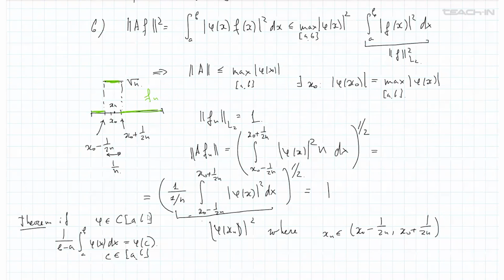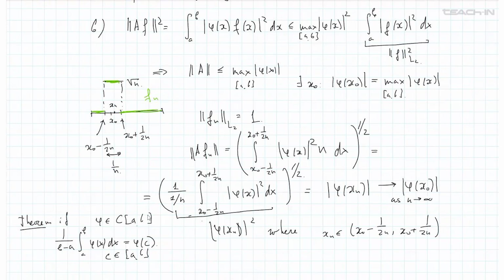Yes, thank you. So we obtain that it is equal to phi of x_n, and it tends to phi, the value of phi at the point x0, as n tends to infinity.